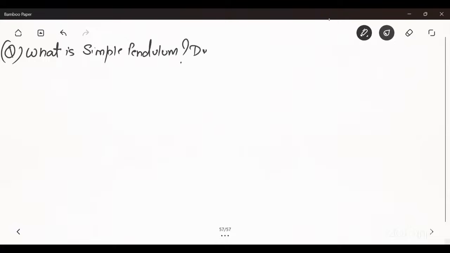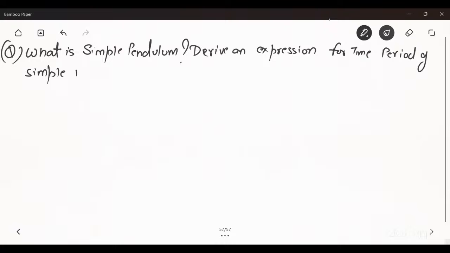Derive an expression for time period of simple pendulum.